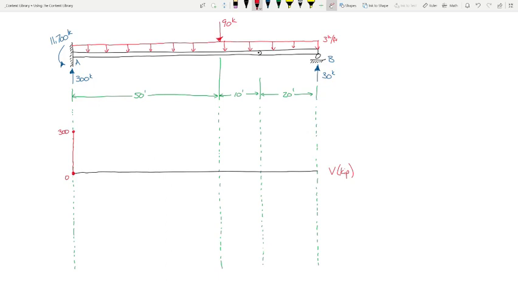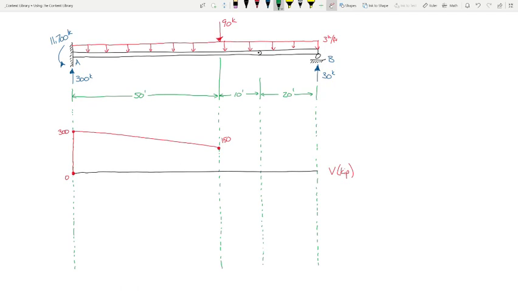So from 300 to here, how much load is that? 150. So 300 dropping down, we should be at 150 right about here. So that's going to be about like that. We'll call that 150. And that is going to be a linear drop, right?